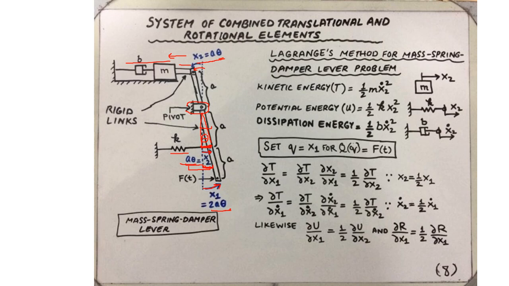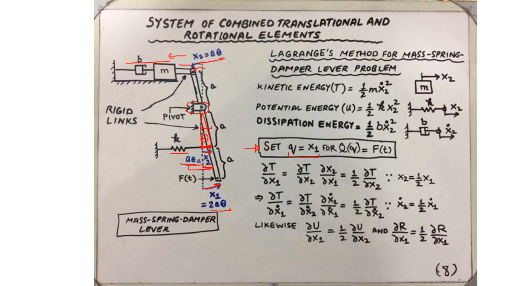So if we think about setting up our model, considering that there is a single displacement variable that describes the entire dynamics of the system, that can be taken as q, small q equals x1.